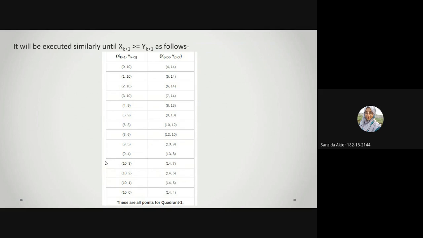If we add the initial value to the new value of x and y, then we get the x plot and y plot. Following the above algorithm, we can solve this problem in this way, and these are all the coordinate points. That's all from my presentation.